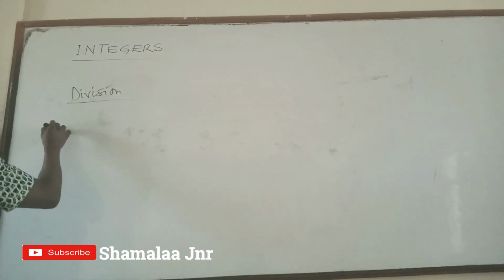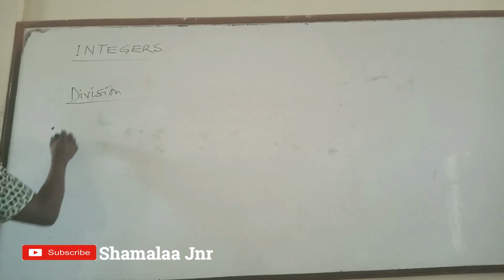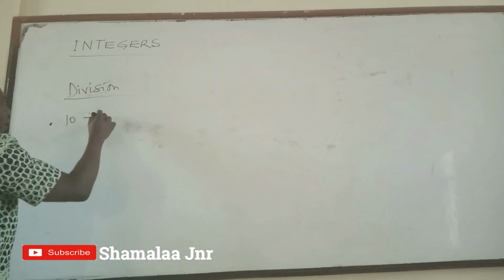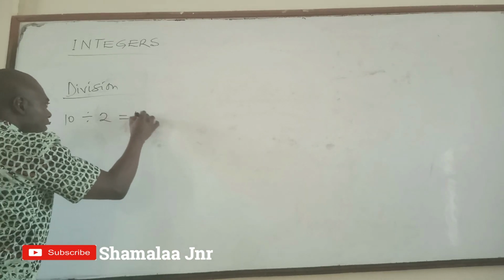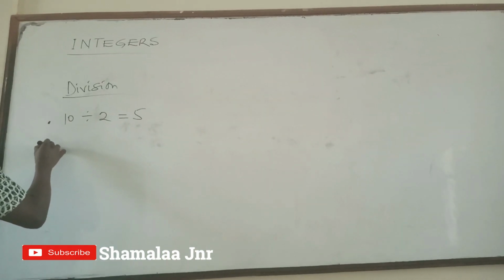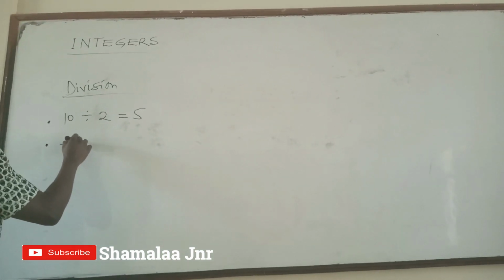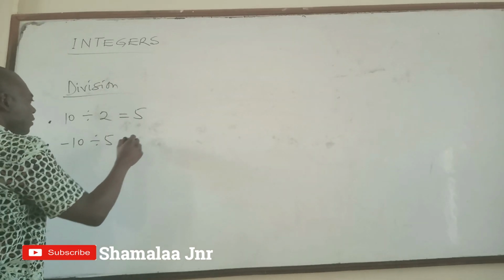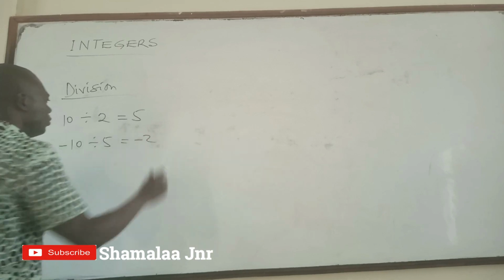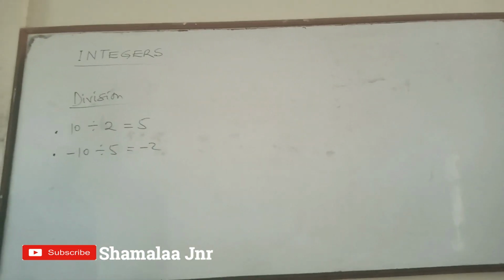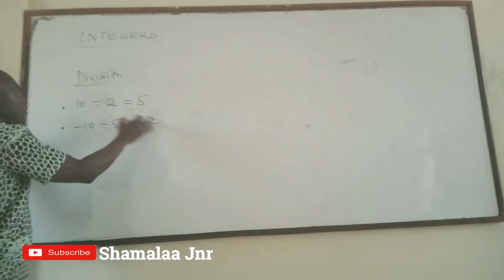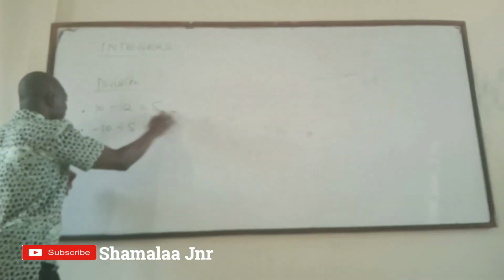When you have, say, 10 divided by 2, straight away you can say 5. When you have -10 divided by, say, 5, you can say -2. You see it? So negative divided by positive is negative. Positive divided by positive is positive.